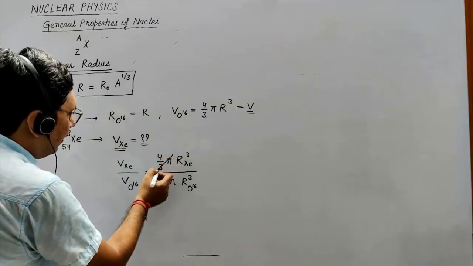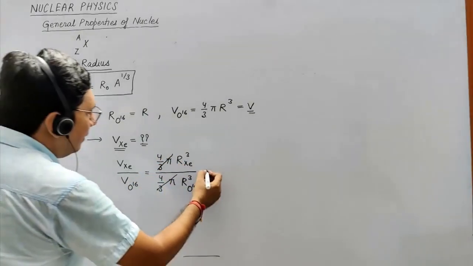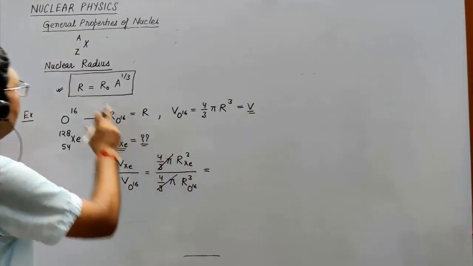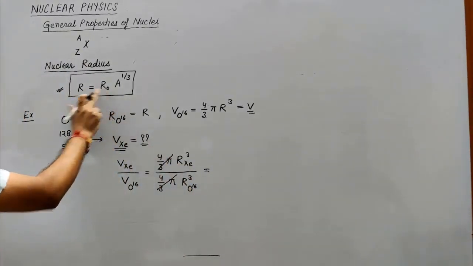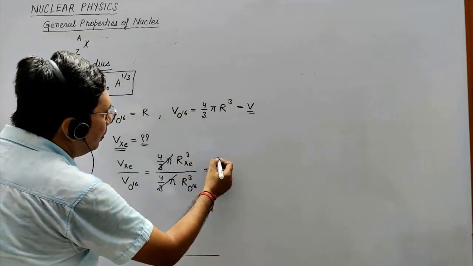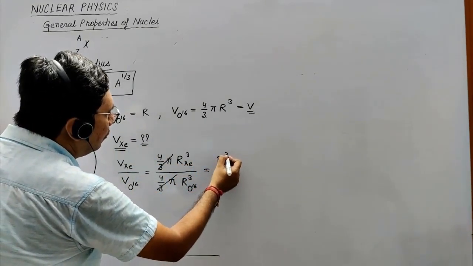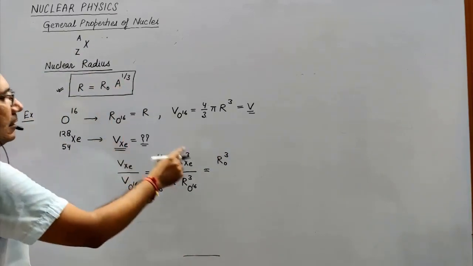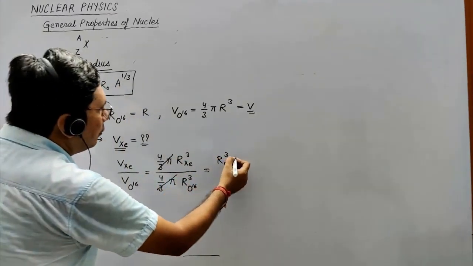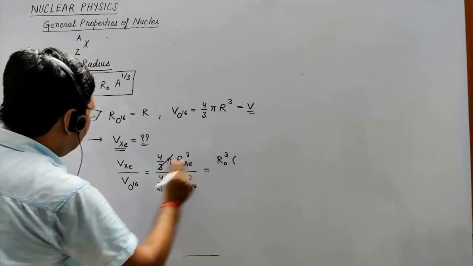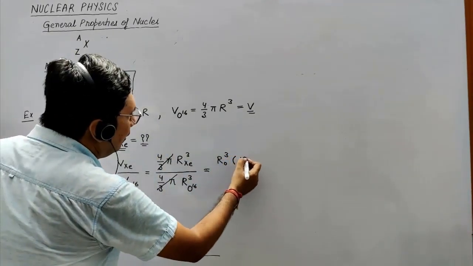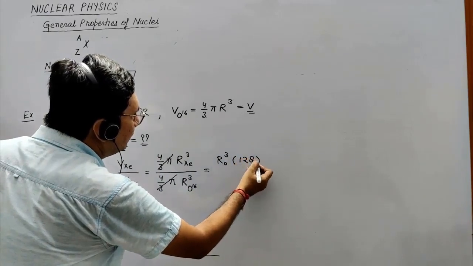So this 4 by 3 will be cancelled out, and this R Xe I can write from this formula. So this will be R naught cube, and A to the power 1 by 3 to the power 3, so this will be A. What is the value of A here for Xe? This is 128.